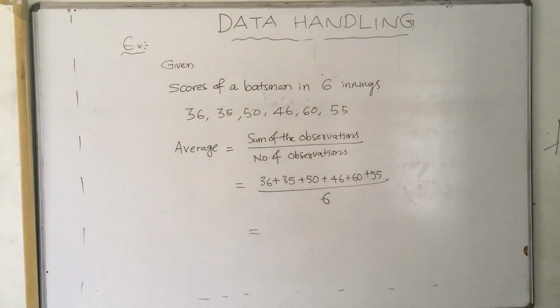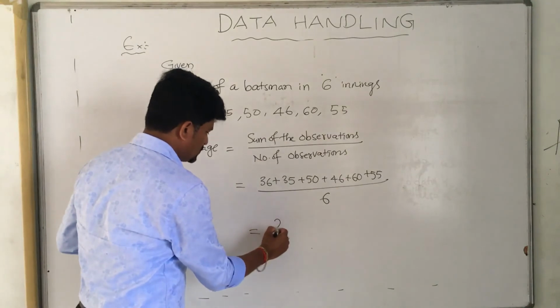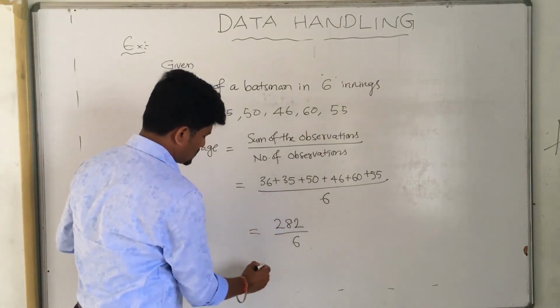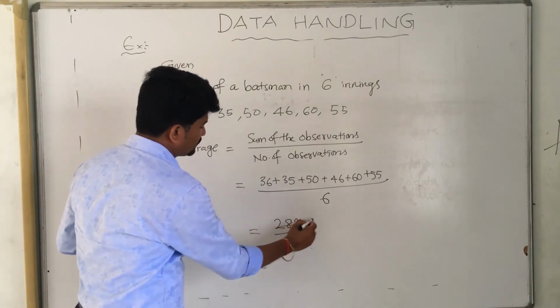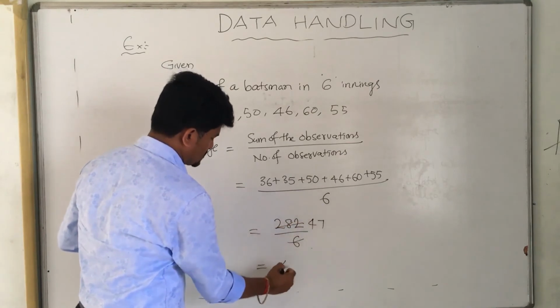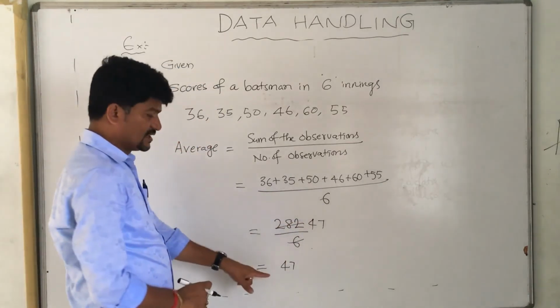So actually the sum is 282 by 6. Now you can cut it. 6 4s are 24, and therefore, clear children?